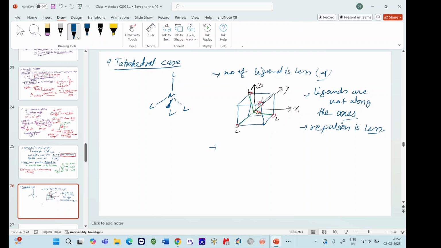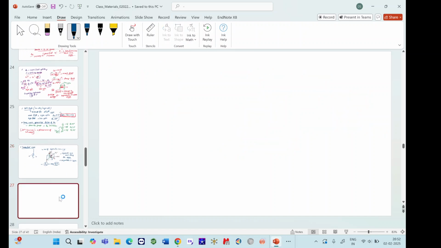So this delta T, that is the CFS for tetrahedral, is always very low. And what we can think of is that it is always lower compared to any other geometry, right?